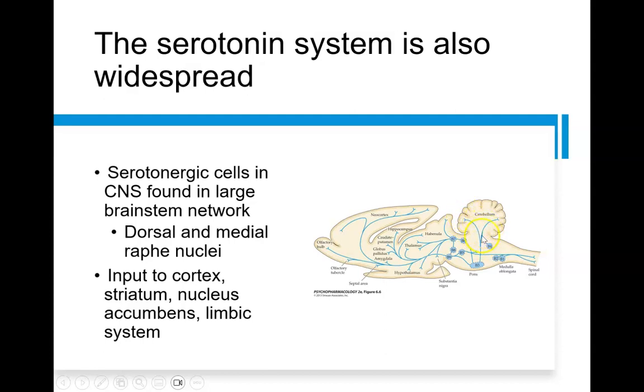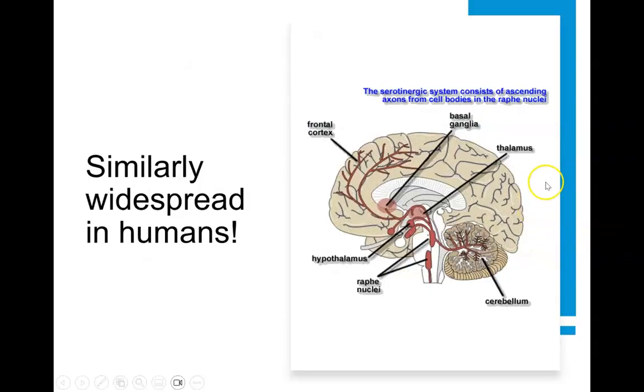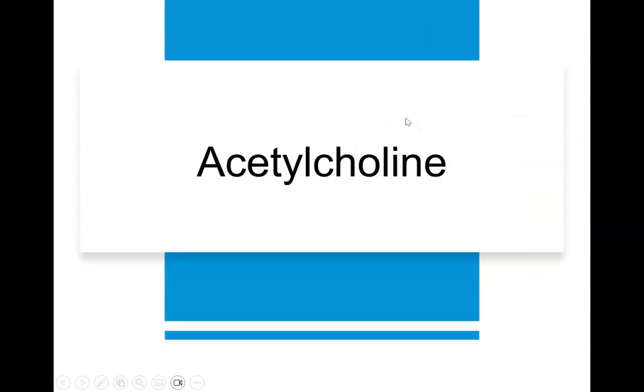We have input to the cortex, the striatum, the nucleus accumbens, the limbic system, the cerebellum, the thalamus, and the hypothalamus. And again, this is similarly widespread in humans. Here's the raphe nuclei, and you can see that widespread distribution to areas like the cerebellum, the hypothalamus, the thalamus, the basal ganglia, the frontal cortex, and the limbic system.